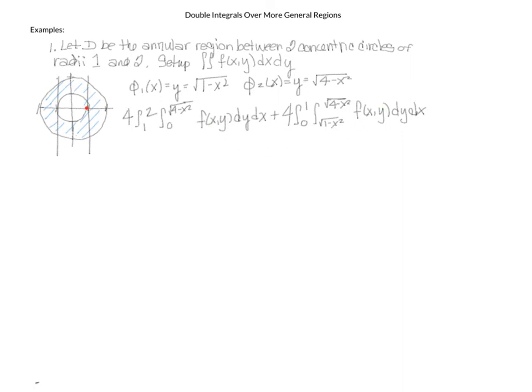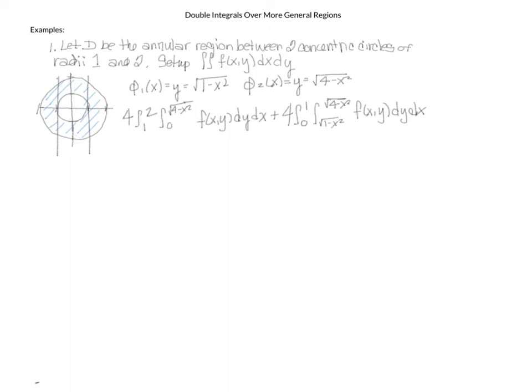So I took the x going from 1 to 2, and y again goes from the x-axis up to the outer circle. And then here I have my x going from 0 to 1. And as I said, then my y goes from my inner circle to my outer circle. So this is how I set up my integral.